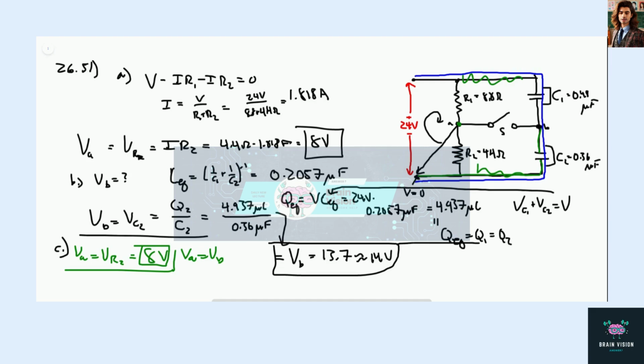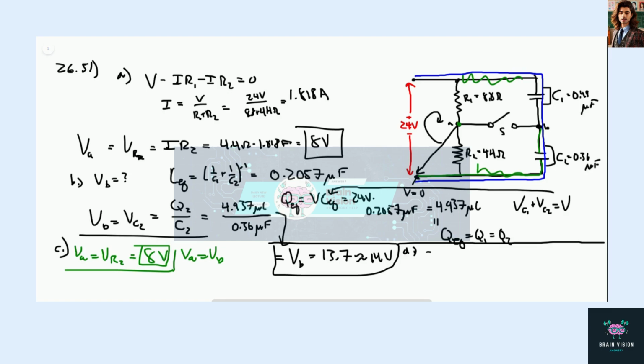So let's go on to part D here. I'm going to see if I can fit it in on this page. Part D asks how much charge flows through the switch S after it's closed. We can find the charge on each of the capacitors when they are no longer in series.